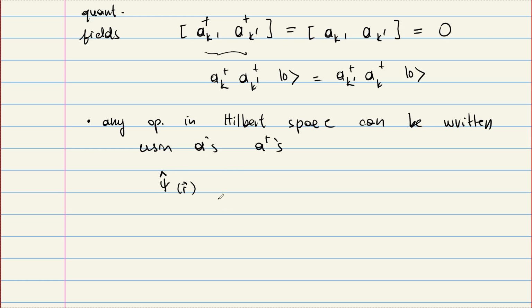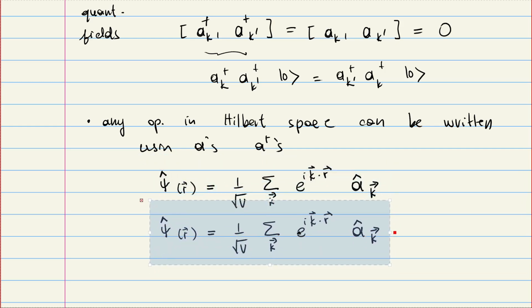These are exactly like A's and A daggers, introduced by Fourier transform of the momentum space operator, the sum over k of e to the i k dot r times A_k. This is a vector; in 3D it has three components, and for each point in k space I have a different A or A dagger. Similarly, I can define psi dagger, with a minus sign in the exponent and A_k dagger.